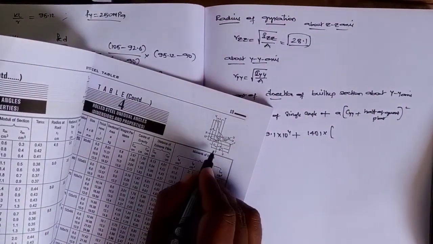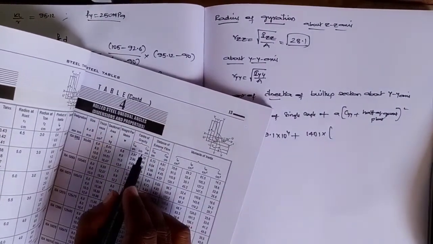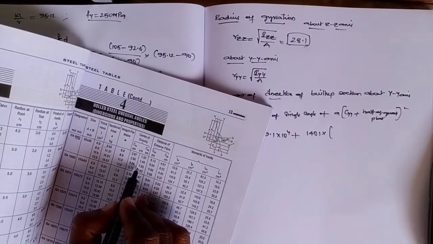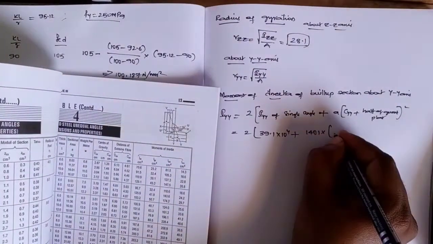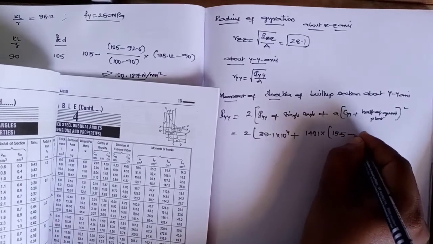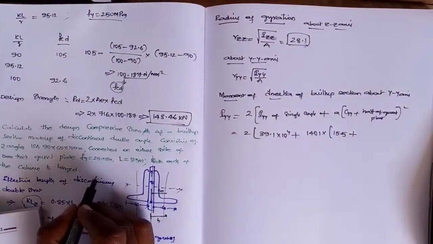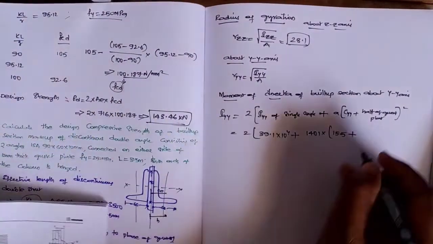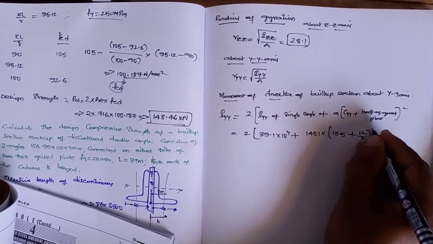This is CYY, and CYY is given as 15.5. So 15.5 plus half of the gusset plate thickness. The gusset plate thickness is given as 12 mm, so 12 by 2, whole square.